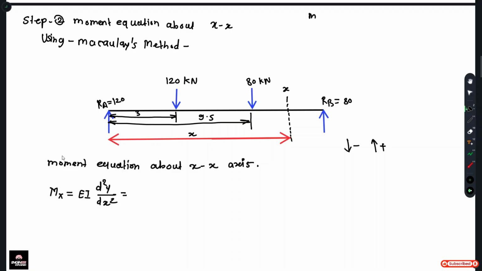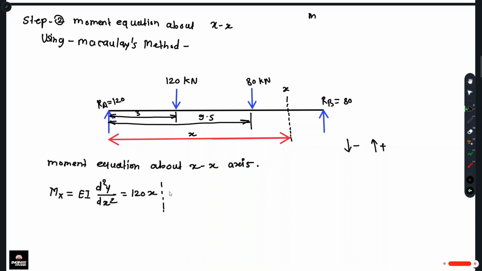Now Mx is equal to EI d square y upon dx square. The first load is RA, 120, and its distance is x, multiplied by x. So 120x. Here the downward load is minus and the upward load is plus, so RA is plus.